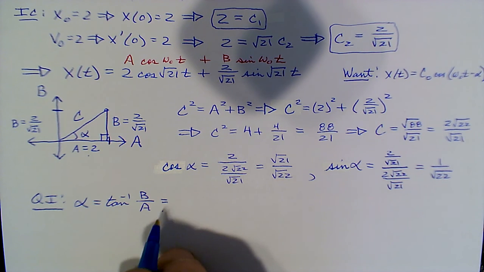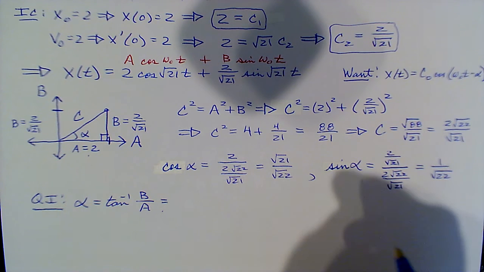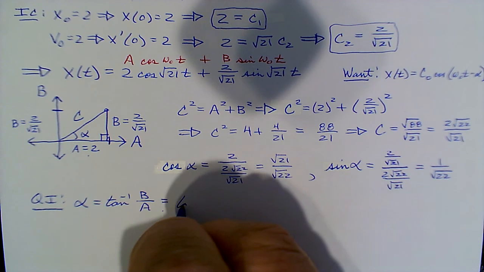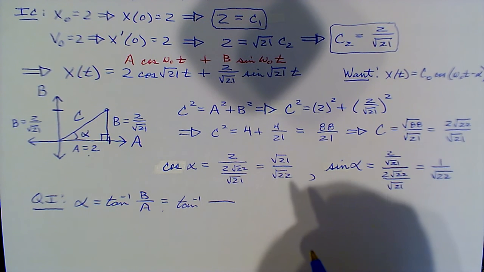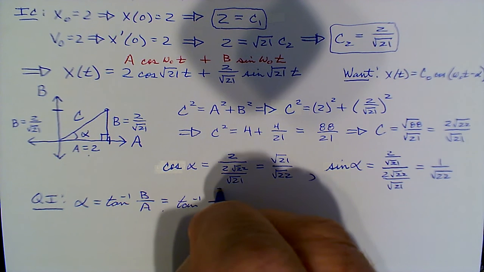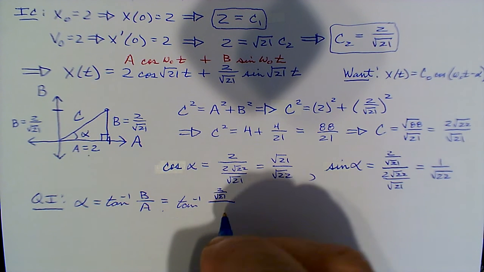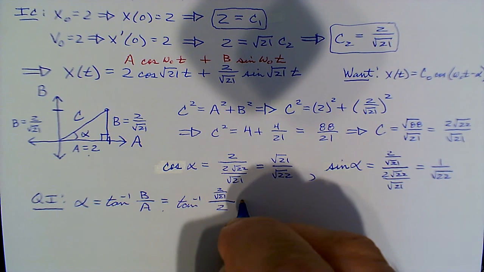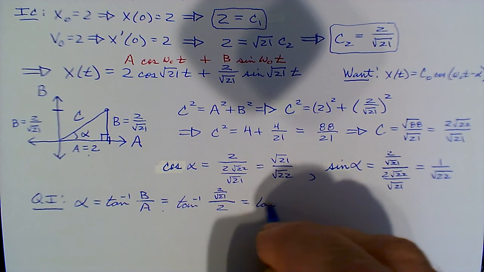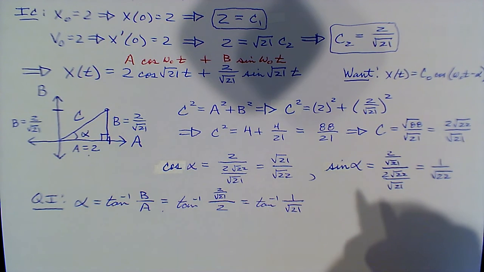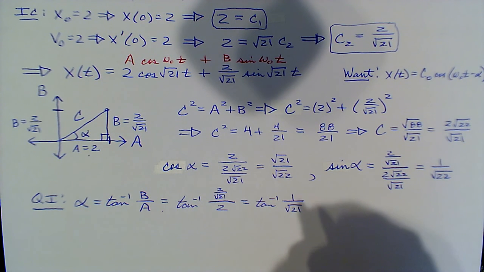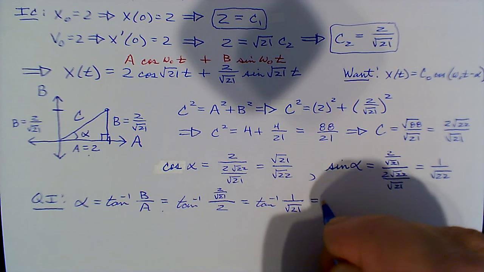Since we're in quadrant 1, it's just the inverse tangent of b over a. So that's the inverse tangent of b, which was again 2 over the square root of 21, over a, which is 2. So that's the inverse tangent of 1 over the square root of 21. And that's 12.31 degrees.